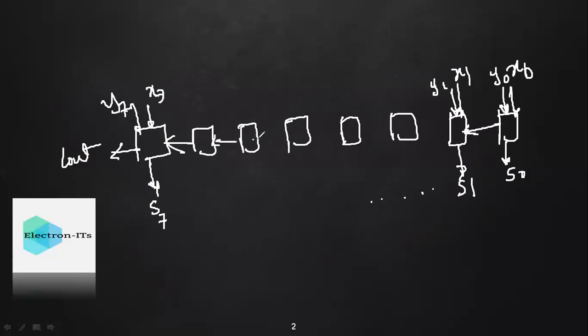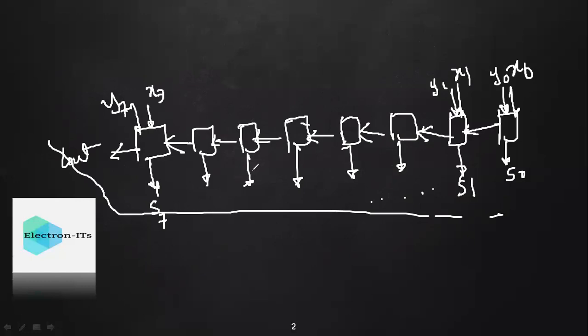These are all cascaded, adding 2 single bits at a time and generating the sum signals. This sum signal with C out will become your output signal, which we have already discussed. So this becomes your output signal, which is 9 bits total: the 8 bits plus C out.